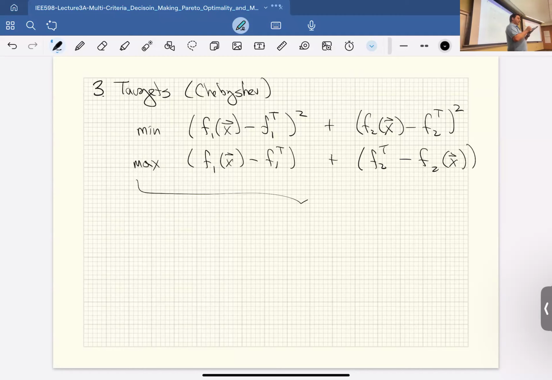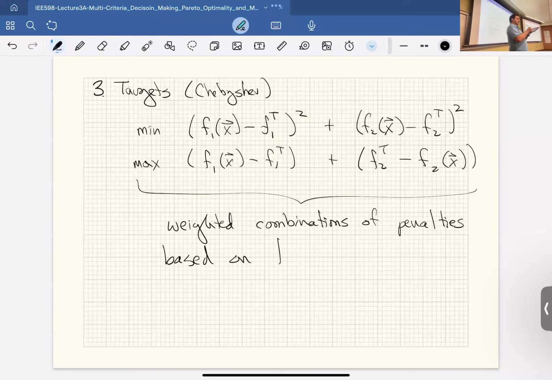So, basically, different weighted combinations of penalties based on target distances. And this is sort of inspired by Chebyshev.